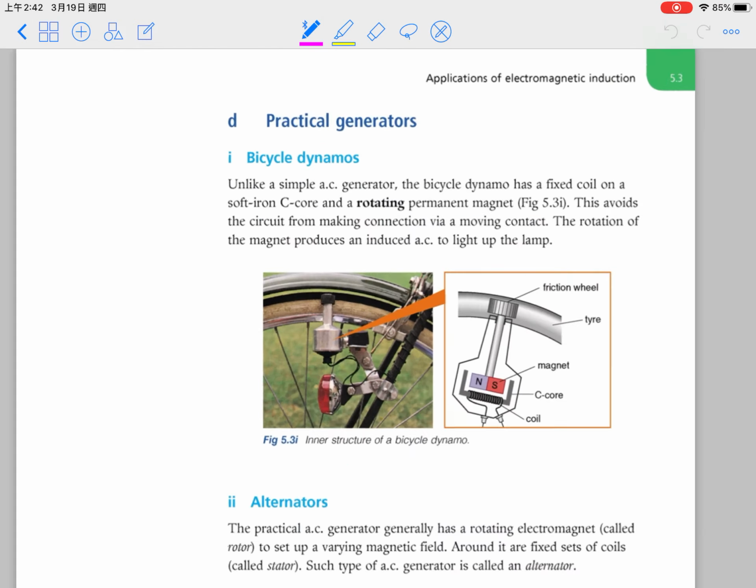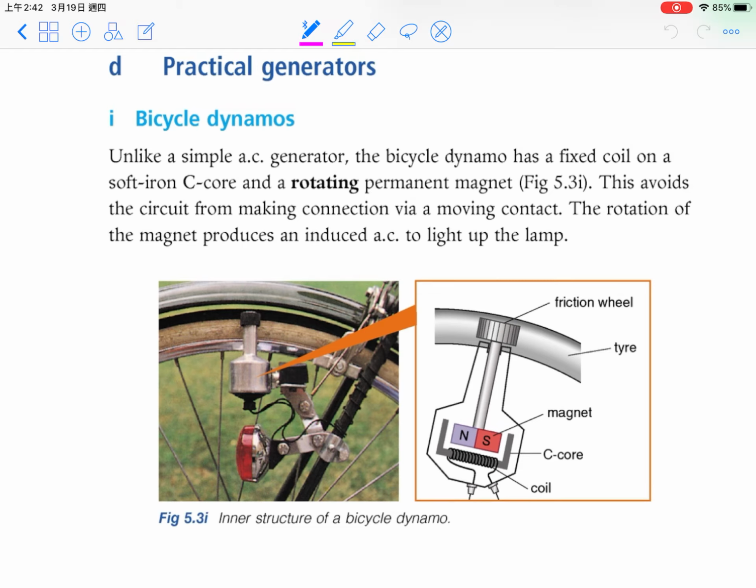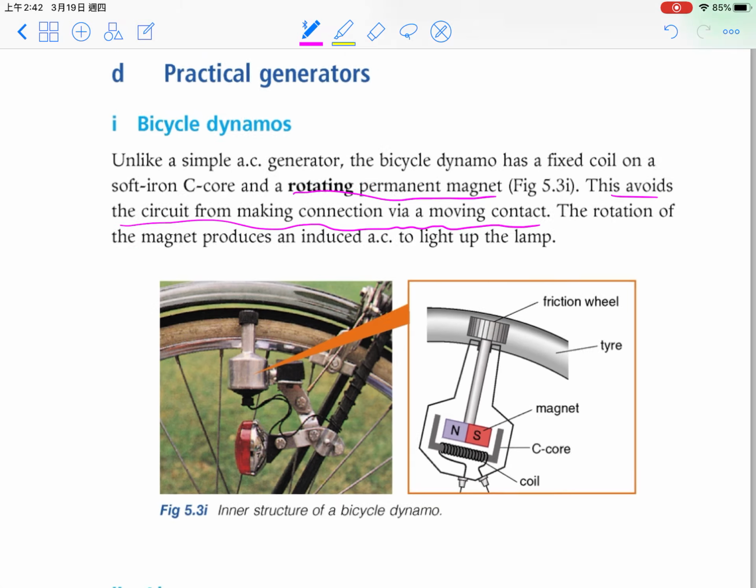Practical generators. Now, first is bicycle dynamos. We rotate a permanent magnet instead of rotating a coil. You can avoid the circuit making connection via moving contact. Maybe moving contact would make sparks, or the lifetime of the bicycle dynamo would not be too long.